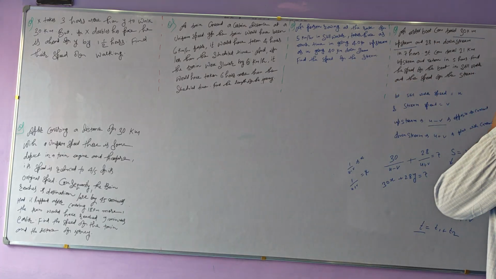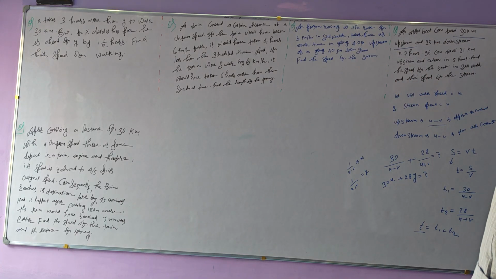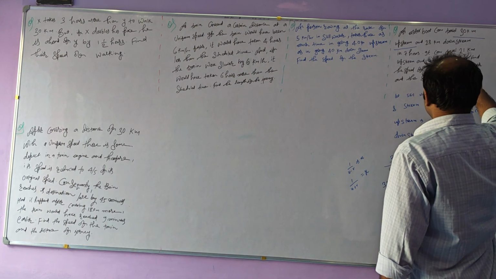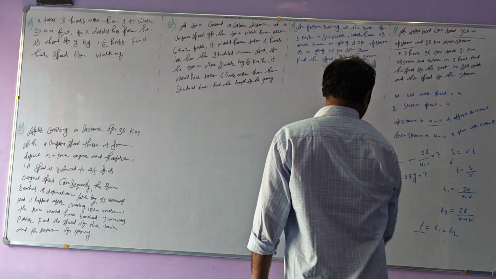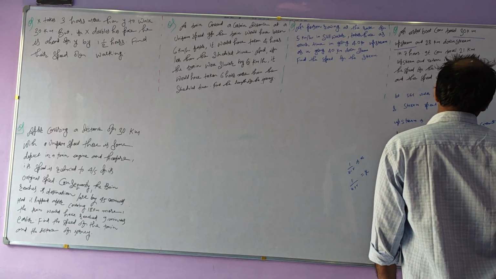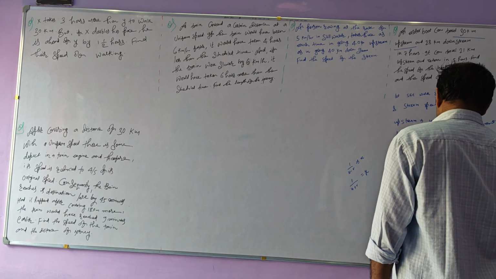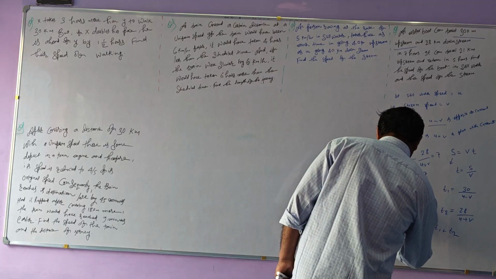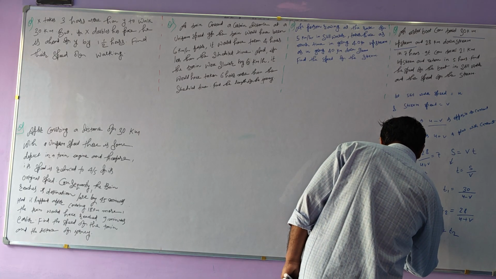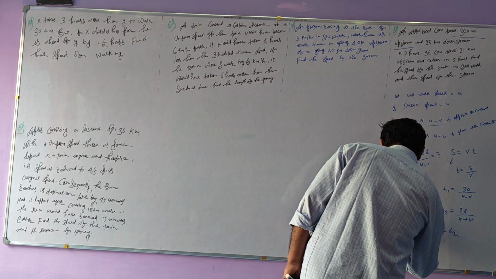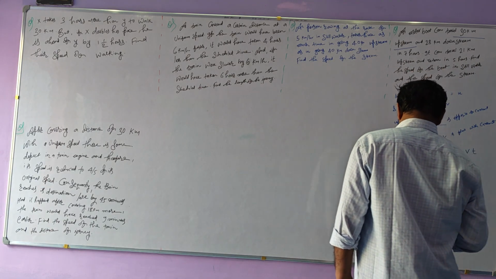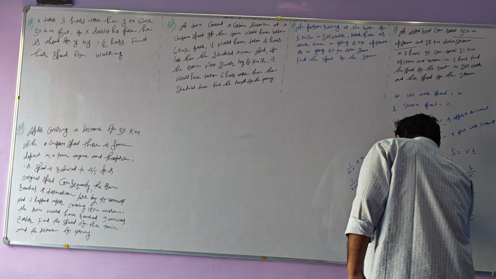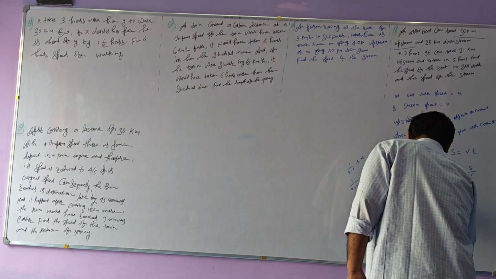In another one, 21 km upstream and return in 5 hours. 21 km upstream means 21 upon u minus v, plus return in 5 hours, 21 upon u plus v, is equal to 5.